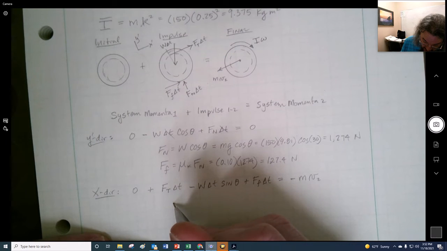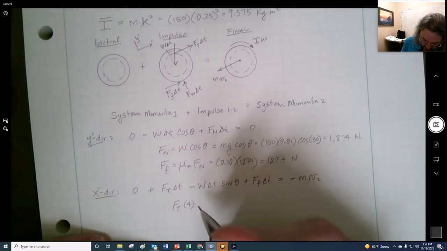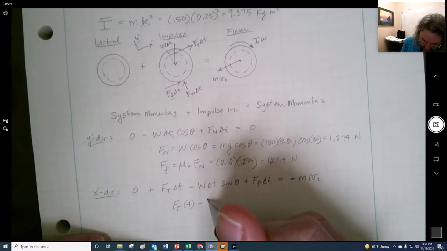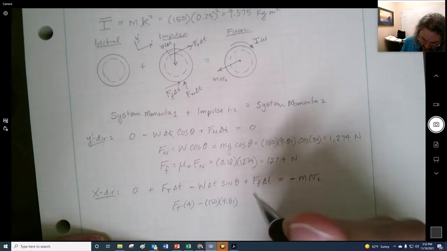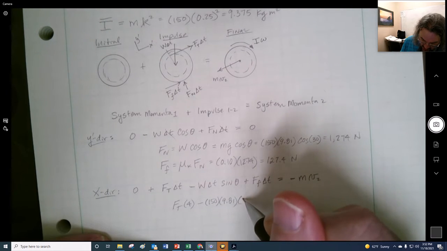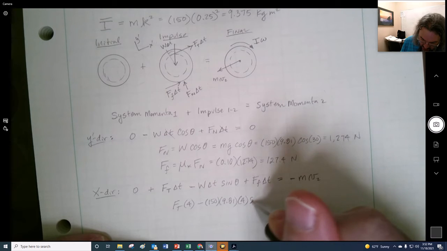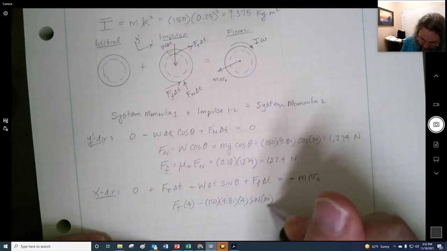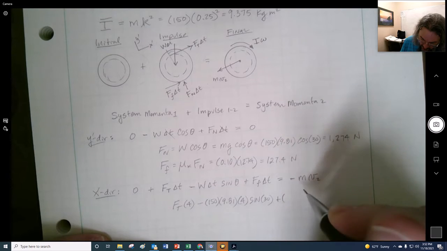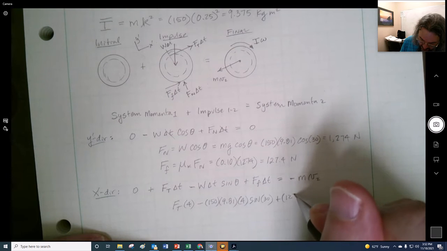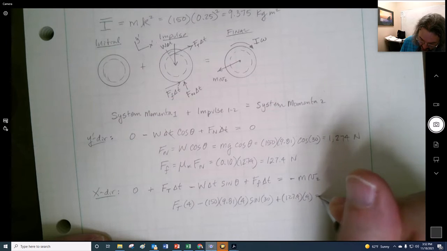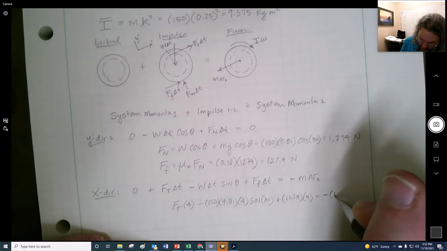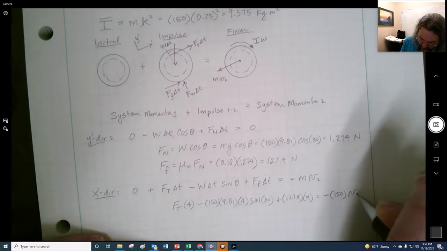Let's put in the stuff that we know: delta t is 4 seconds, minus mg, or 150 times 9.81, times 4, times sine of 30, plus friction force 127.4 times 4 seconds, equals negative 150 v2.